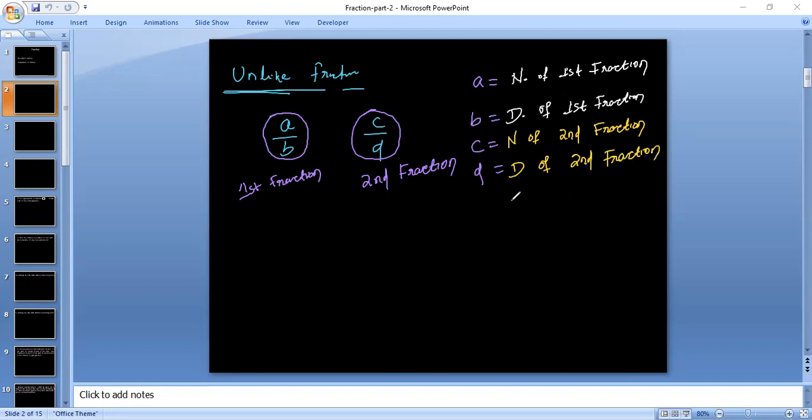So please memorize this abbreviation, and it will be very helpful to determine which fraction is greater without converting into like fractions or applying the cross multiplication method.